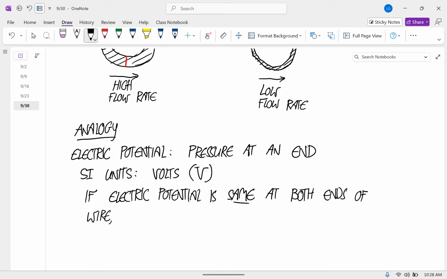Are you with me on that? And that's the way it works. So no electricity flows between the two ends.